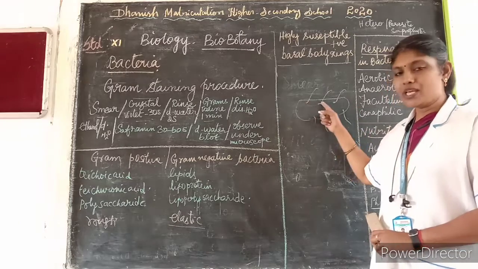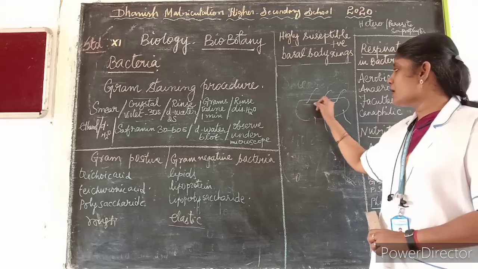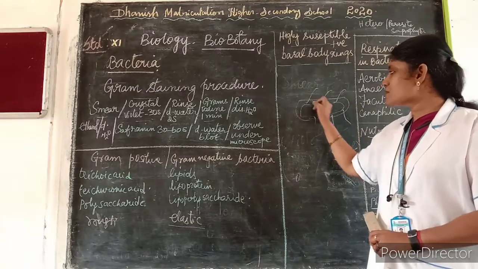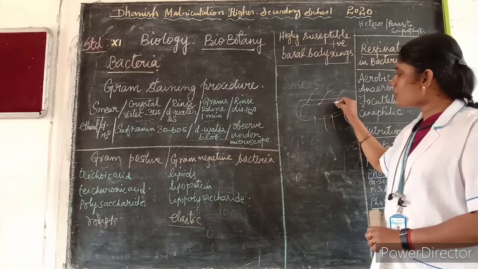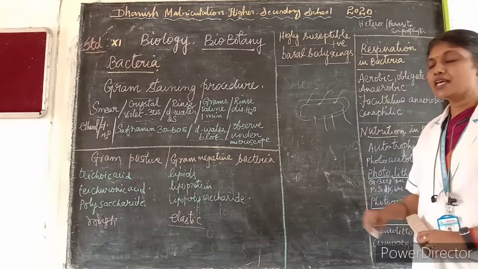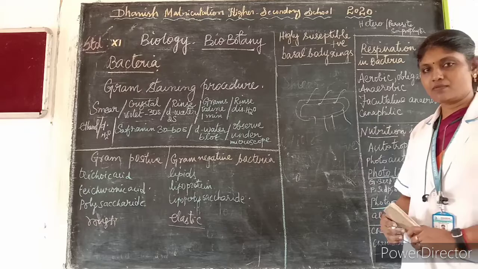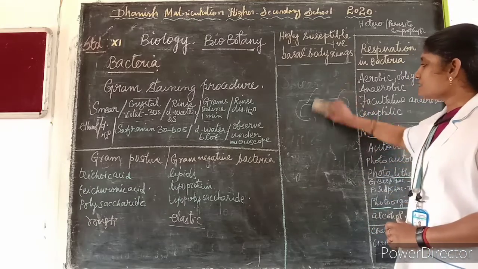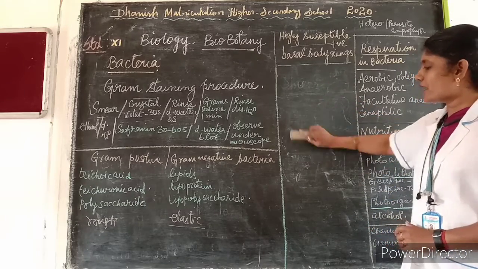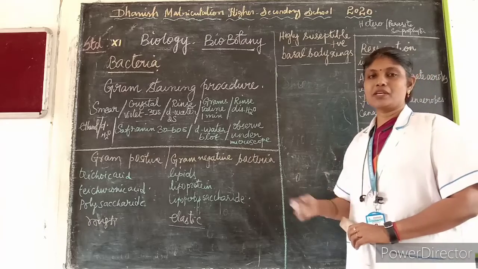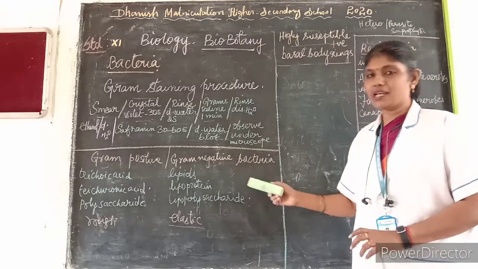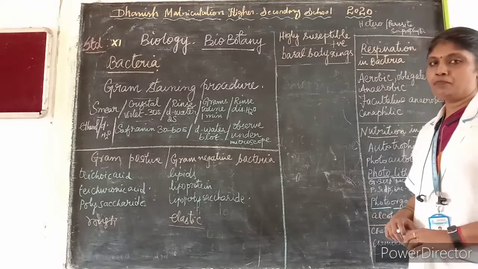It is just inner to the cell wall, that is the plasma membrane. In the plasma membrane, from one particular point only the flagella arise. That is what is called basal body rings. If you can understand all these terms, you can learn the difference between gram-positive and gram-negative bacteria.